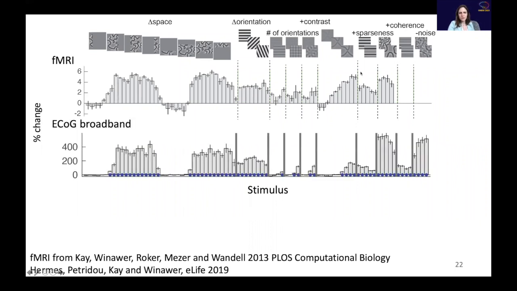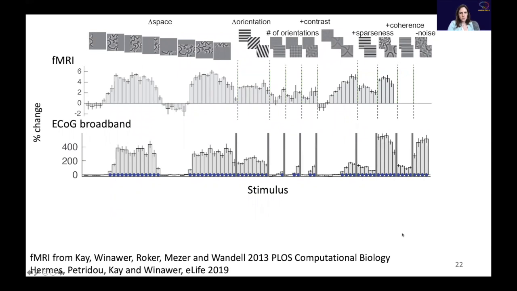And when we look at one example electrode that was representative of all the electrodes on V1, V2, and V3 that we measured, and we extract the ECoG broadband component for each stimulus, you can see that this has a very similar pattern as fMRI, with responses to complex patterns larger than a response to gratings and increasing response for increasing contrast.